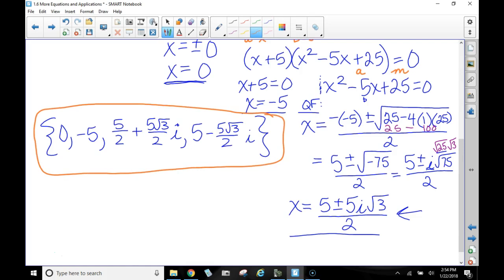There's the entire solution set. 4 elements, 4 unique elements in this degree 5 equation. Again, get everything on one side, factor.